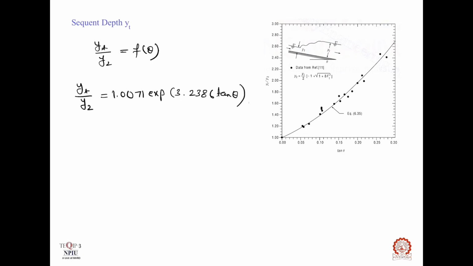Now we come to energy loss, that is EL. EL is the difference between the energy at section 1 and section 2, which are before and after the jump.